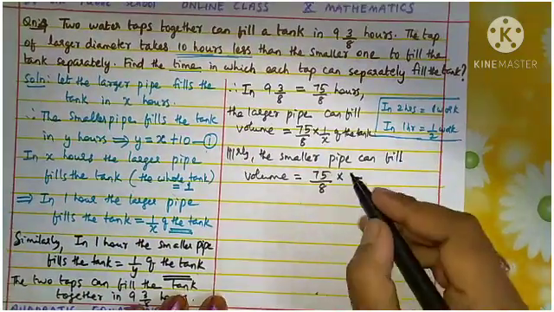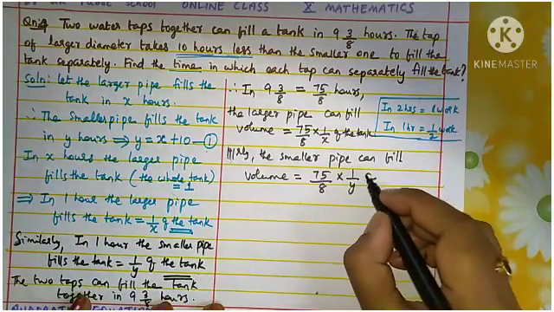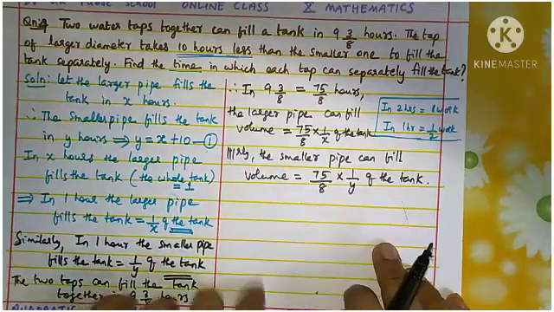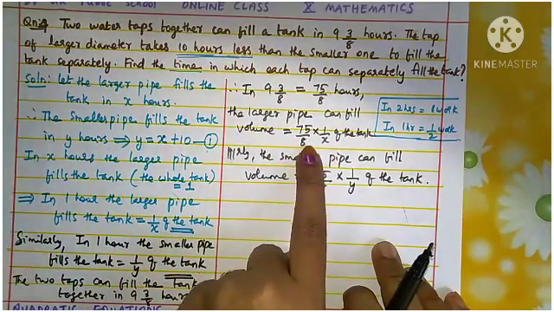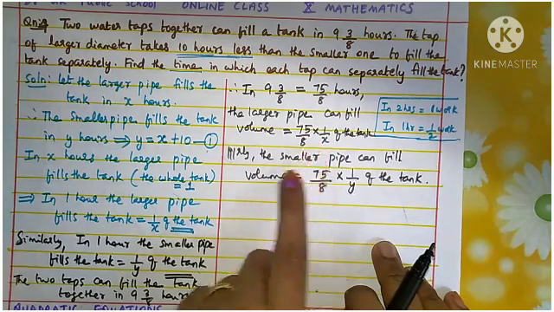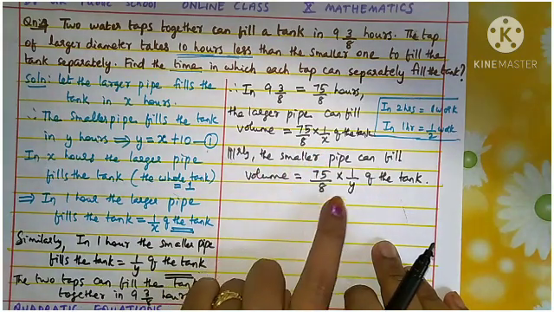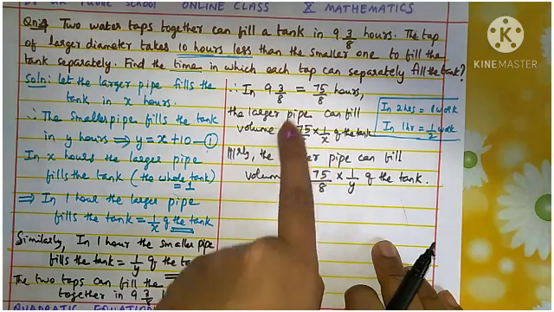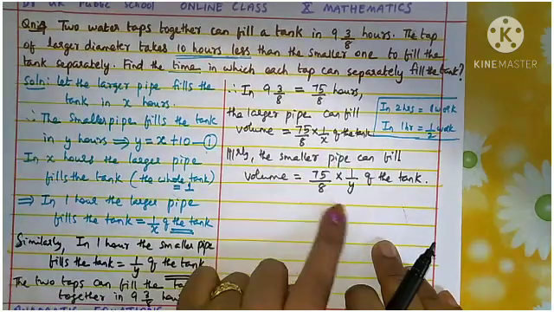So 75/8 into 1 by y of the tank. Okay, so this is the time required for the larger pipe to fill the tank, and this is the time required for the smaller pipe to fill the tank. Okay, understand? So this is the volume first one, this is the volume second one.